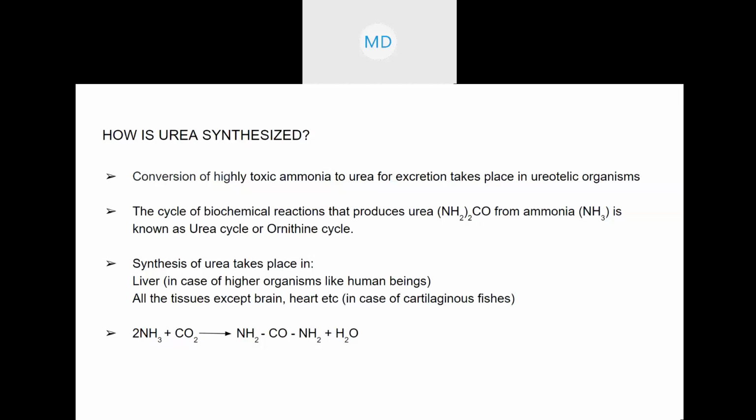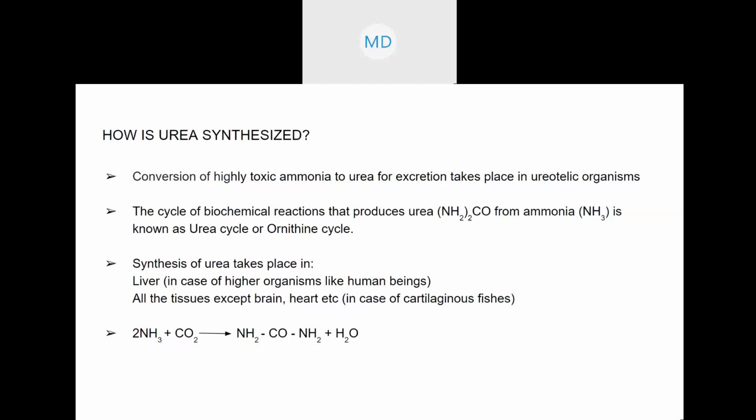Am I making sense? In the ureotelic organisms, first of all ammonia is formed in our body, and in fishes and everywhere else, ammonia is formed. Then this ammonia is converted into urea. Why is it converted into urea? So that it can be excreted with less amount of water.